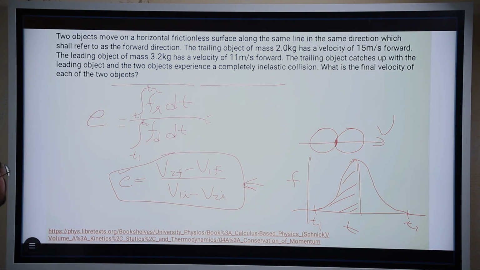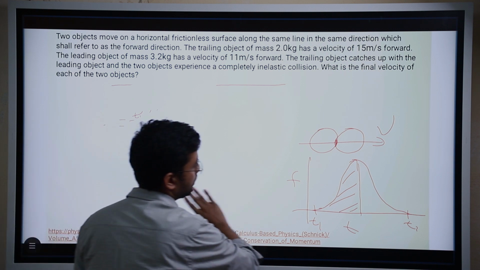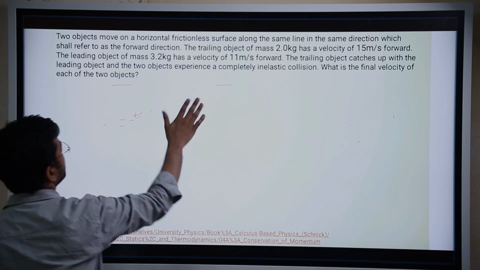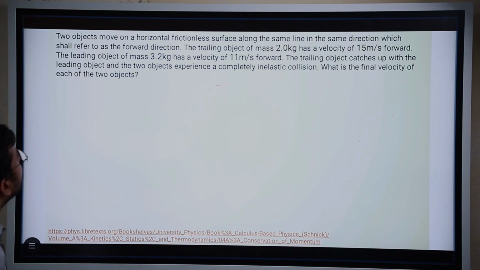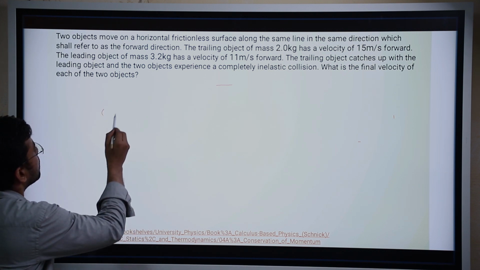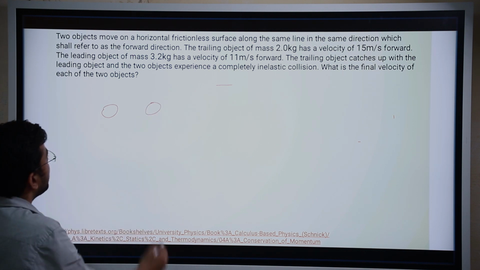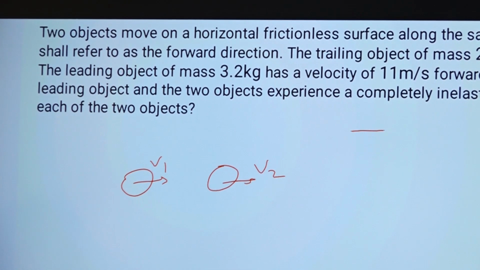Okay, so now let us solve one numerical. It is a very basic, simple numerical. Two objects move on a horizontal frictionless surface along the same line in the same direction. So two objects are there, one and two, moving in the same direction.